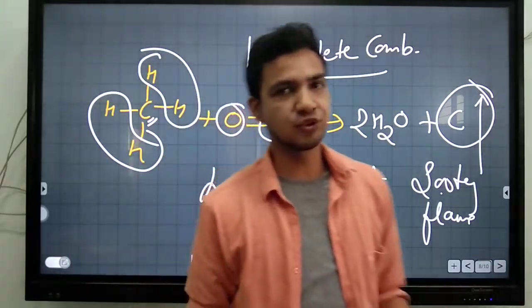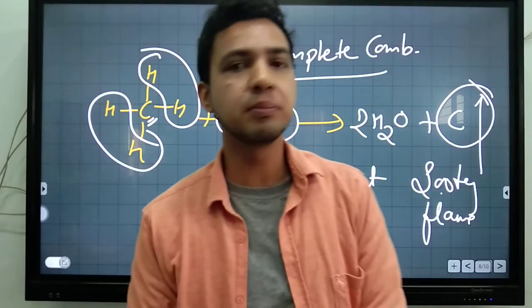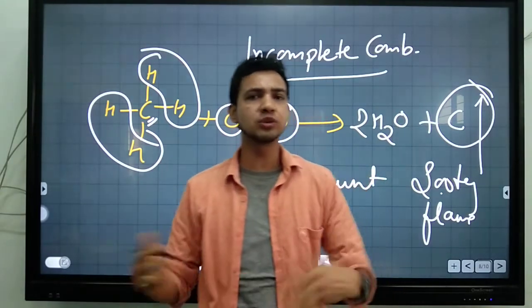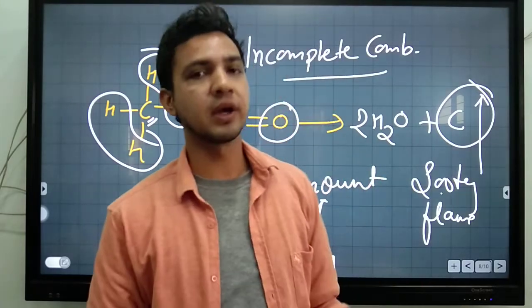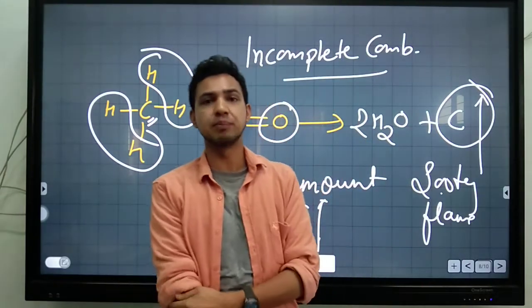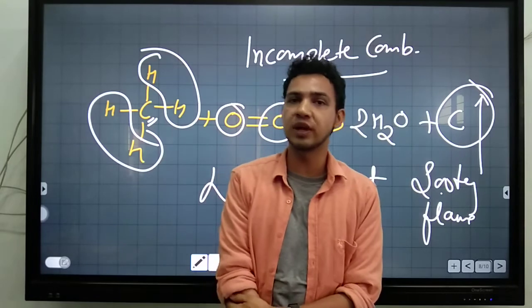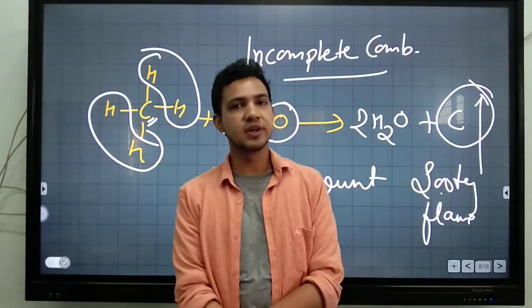So this reaction is not useful for human beings or for your body, because it is not able to produce more heat. So that's why this is a good example of incomplete combustion. So students, today we have covered the different types of reactions. Thank you.